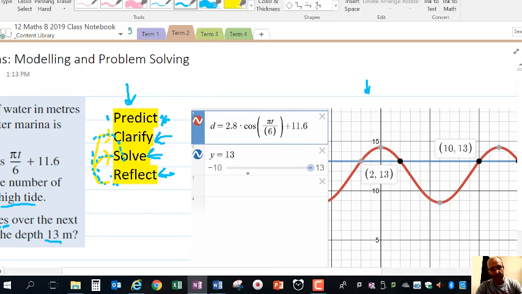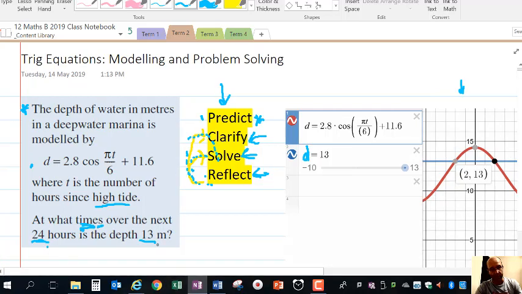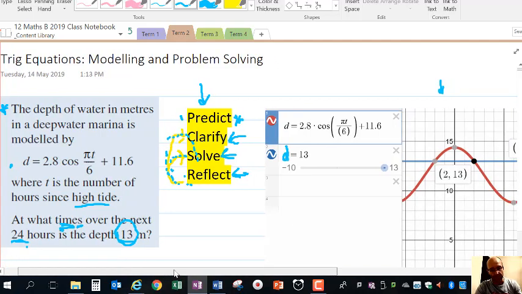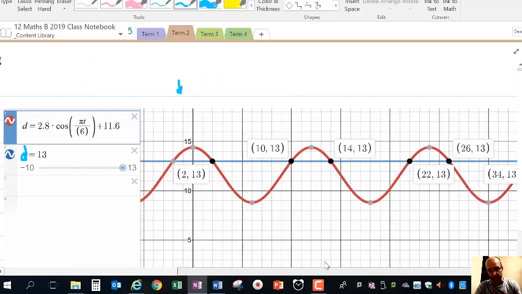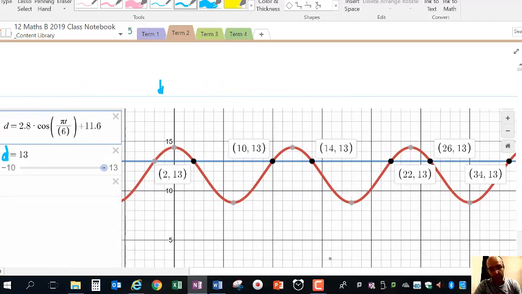Actually, that probably should have been called d equals 13. Desmos is so forgiving, it forgave me for putting the wrong symbol in there. It still knew what I meant. So 13 is a constant function there, so we can look at the intersections. So do this first would be my suggestion if you have this technology available. It doesn't do the maths for you, but it enlightens you about what to expect.